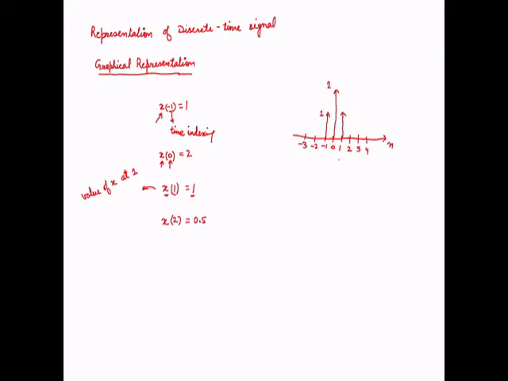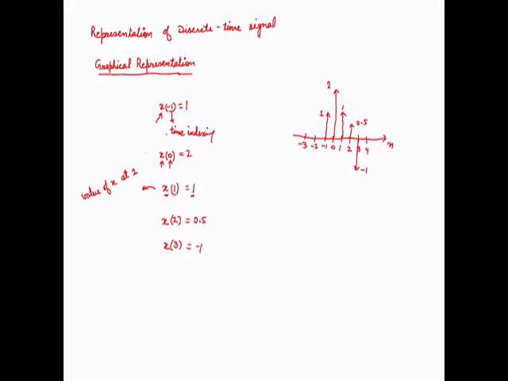So at 2, 2 is here, the value is a small spike, and this value is 0.5. Say we are going to take an example when the value of x is negative. So the value of x at 3, say it is -1. So at 3 the value is -1. So this is the graphical representation of any sequence, right?